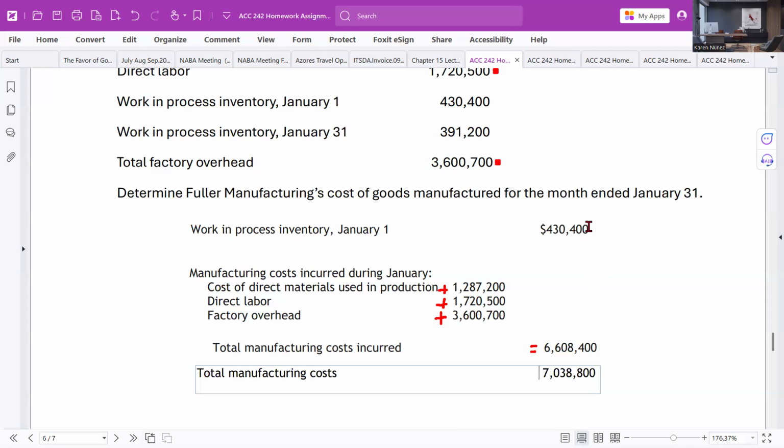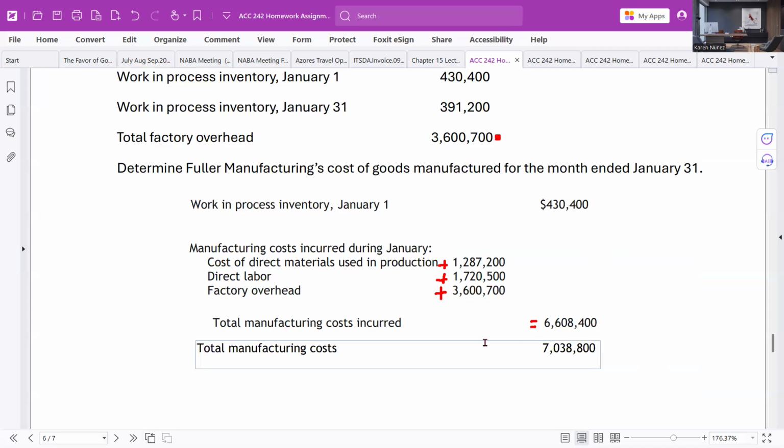The 430,400 and the 660,84. Those are all of the manufacturing costs. That's everything that essentially is available during the period.